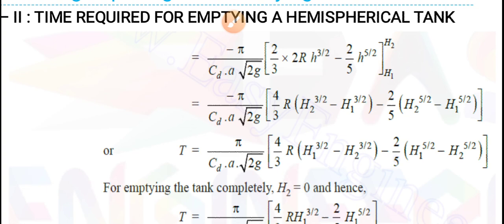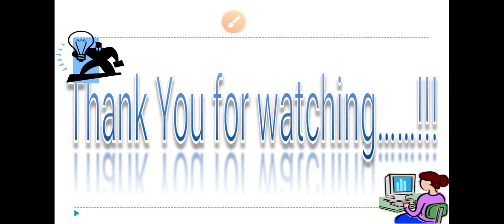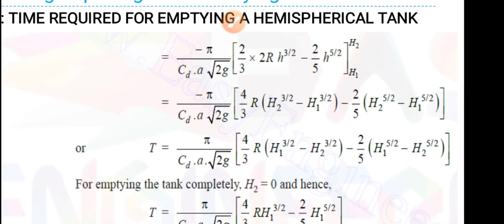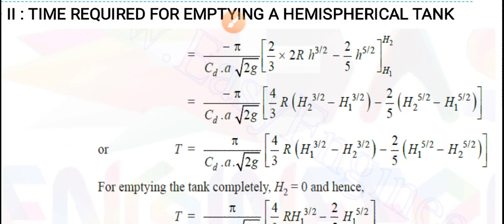(2R times 2/3 h to the power of 3 by 2 minus 2 by 5 h to the power of 5 by 2) from H1 to H2, capital H1 to H2. That means we are reducing the tank, for which time is required up to the level H2.